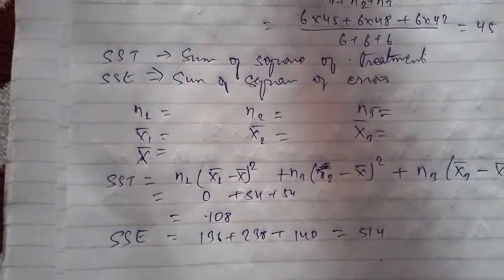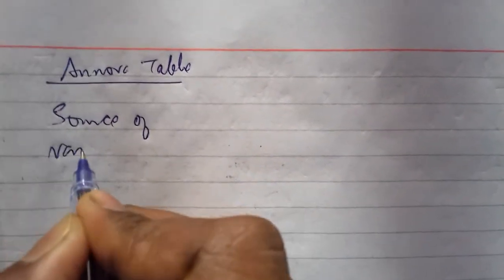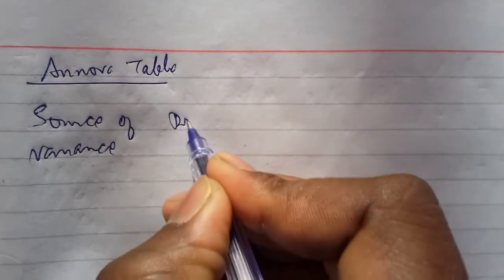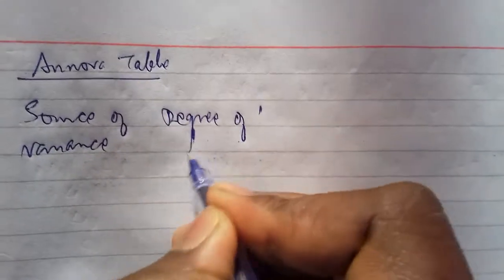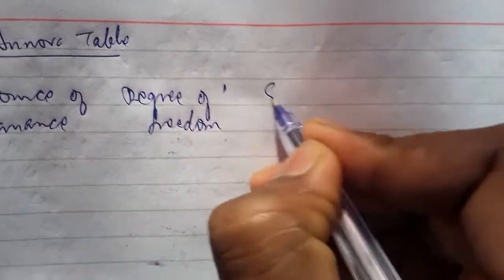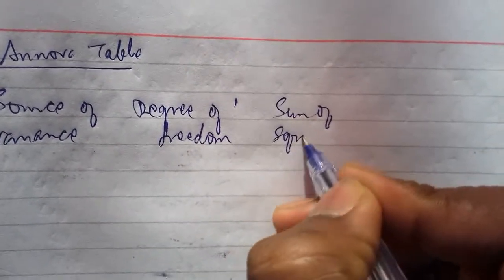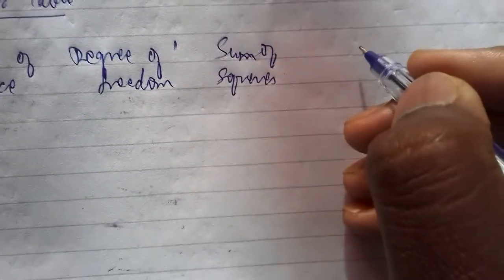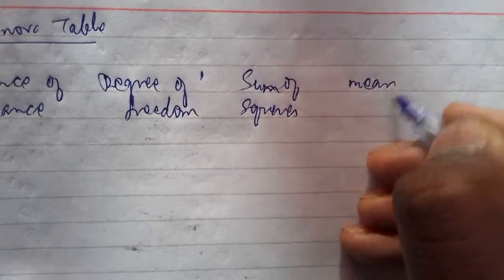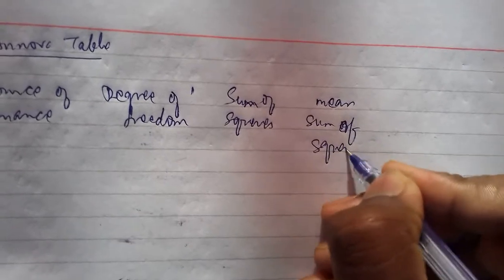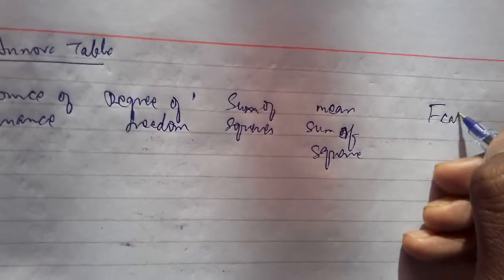Now we have to draw the ANOVA table. That ANOVA table has some columns like source of variance, degrees of freedom, sum of squares, mean sum of squares, and this column is for F calculation.